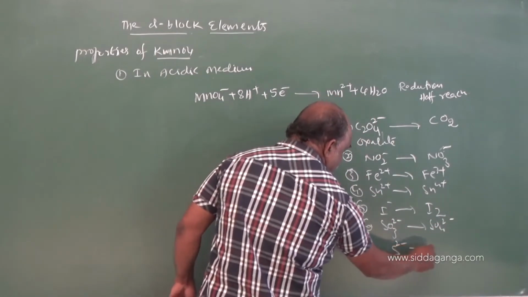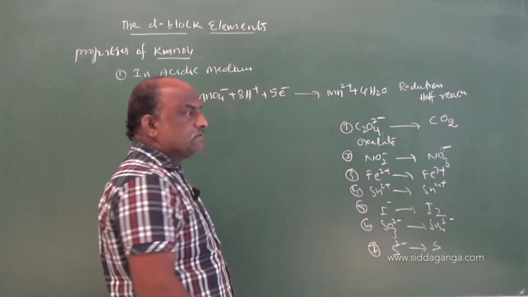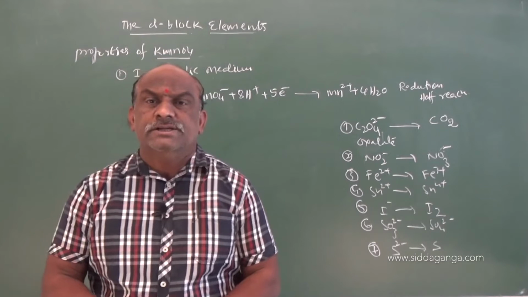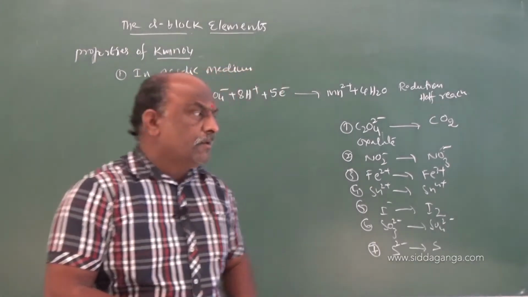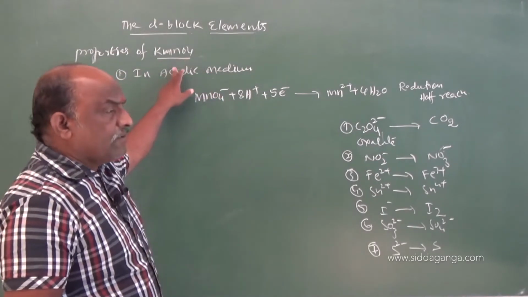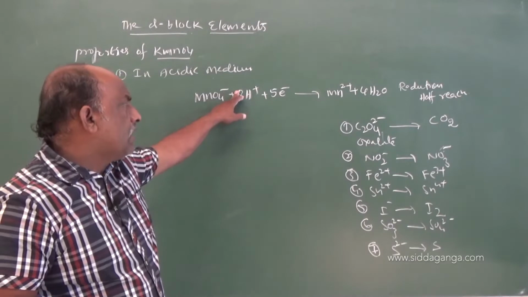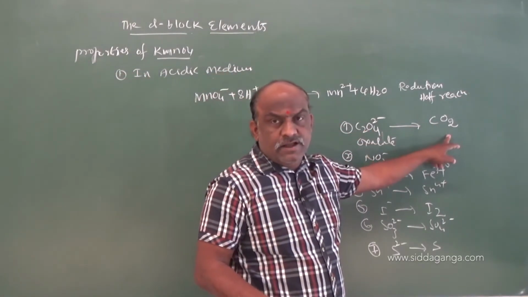Sulfide is oxidized to sulfur. Already in the last class we discussed all these reactions with respect to potassium dichromate. But in this case the example is different: it is potassium permanganate. Potassium permanganate oxidizes oxalic acid to carbon dioxide.